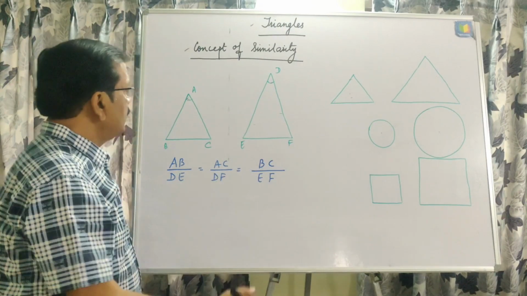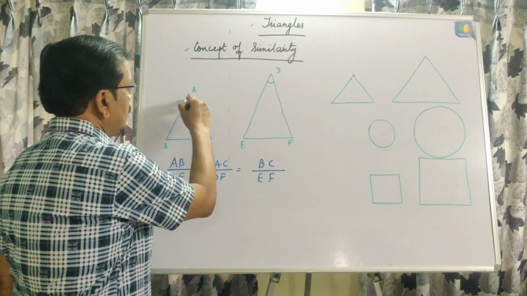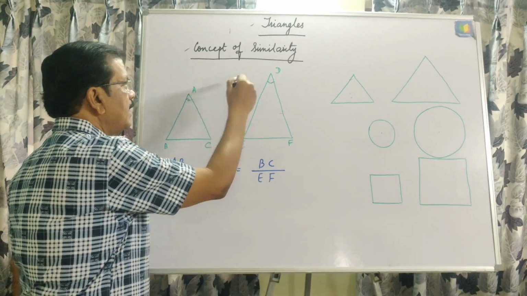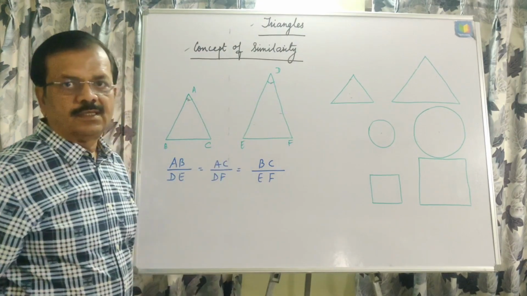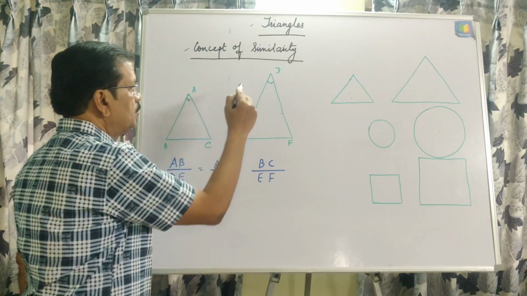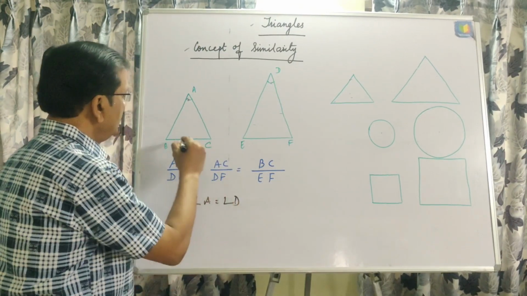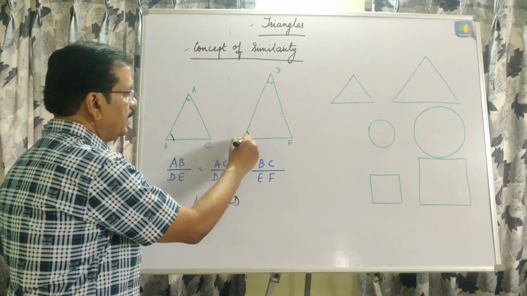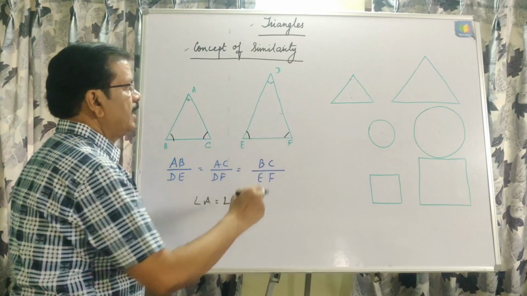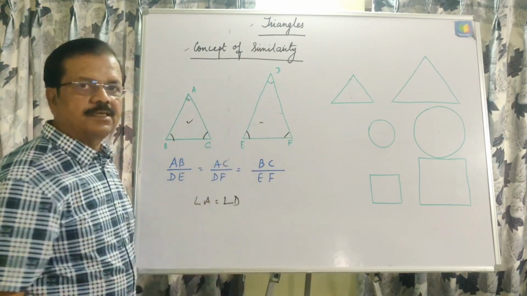Okay, now as far as the concept of similarity is concerned, this angle corresponds to this angle. So angle A is equal to angle D, angle B is equal to angle E. In the same way, angle C is equal to angle F. Then we can say that these two triangles are similar.